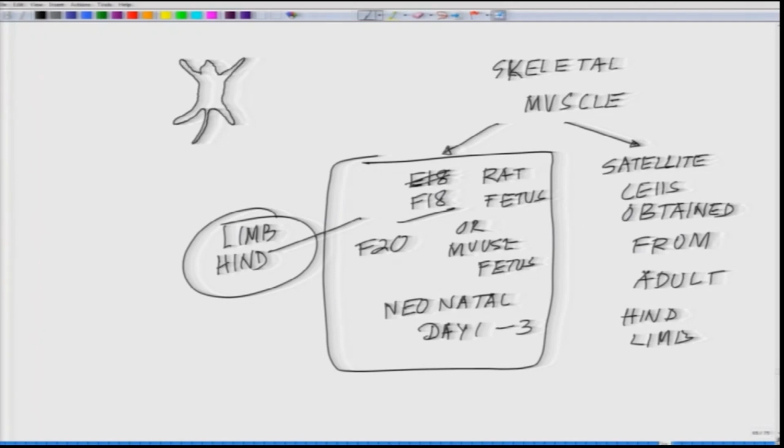So basically the tissue is collected, and if it is a fetus, it will be something like this, and if it is an adult, okay, so this is the head. Similarly, here is the head, and here you have the hind limb. Most of the tissue is collected from here.